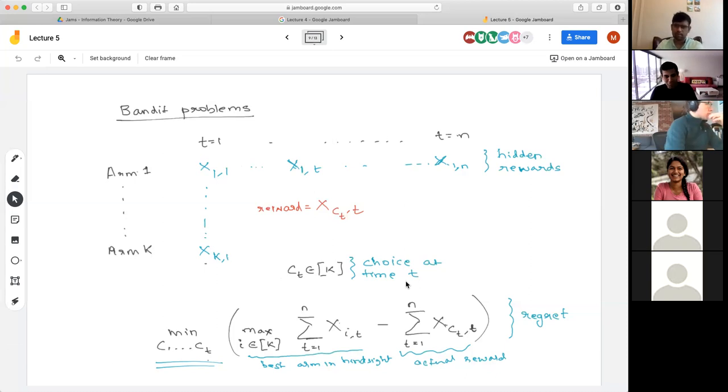The one we are looking at, the lower bound we will give holds for a couple of settings, but a common one is the adversarial setting where the adversary gets to choose the rewards based on what you're doing, except that the adversary doesn't look at your choice at time t before choosing the rewards for time t.